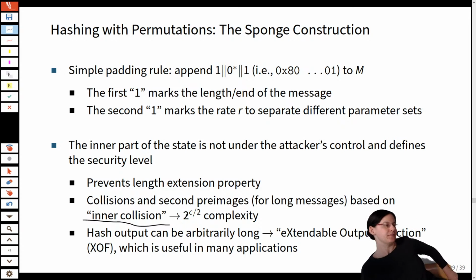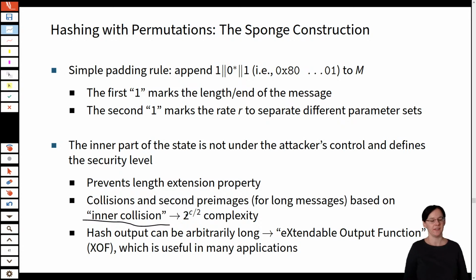Now, this is maybe a bit unnecessarily inefficient or unnecessarily generous. So NIST considered not doing this and instead just doubling the security level to get the size of the inner part. But that would mean that second pre-images can be found with the same complexity as collisions.